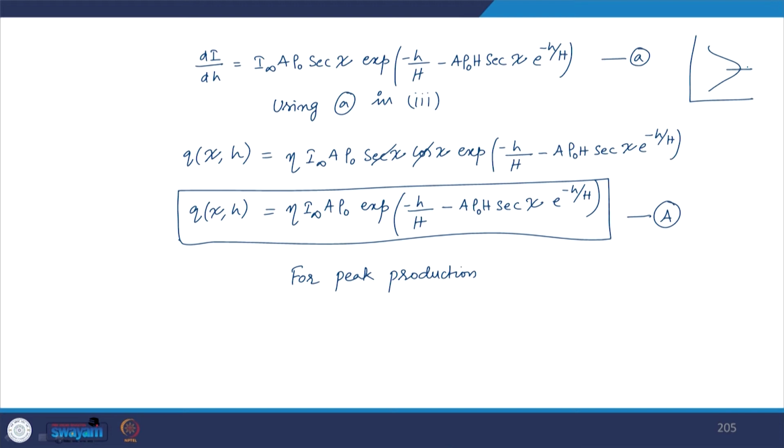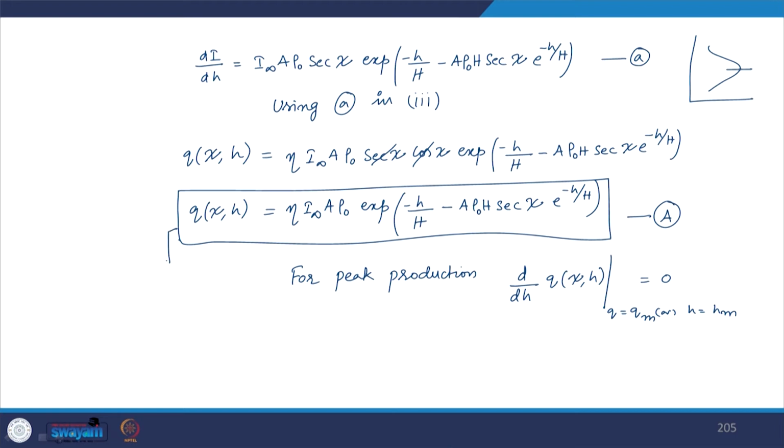So at peak production, mathematically it's the maxima, so the derivative with respect to height of Q should be 0, when Q is equal to Qm, or h is equal to hm. hm is the peak production height, Qm is the peak production rate.